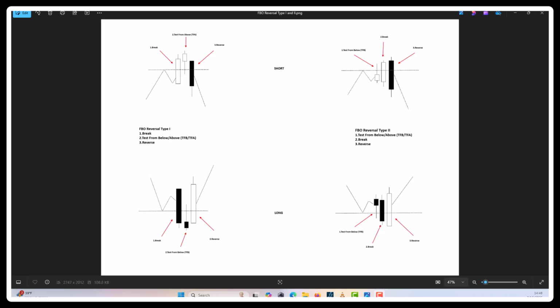So in this setup, we see that whenever the market expands, right? After the expansion, there are two scenarios. One, it's gonna reverse. Two, actually three, right?